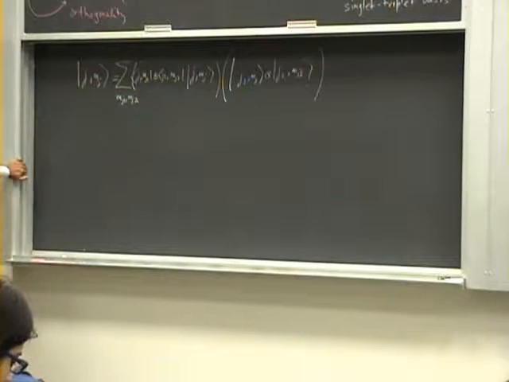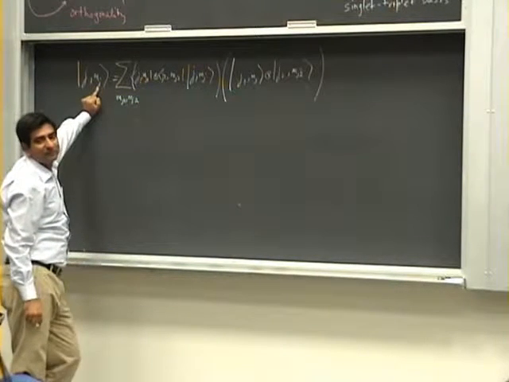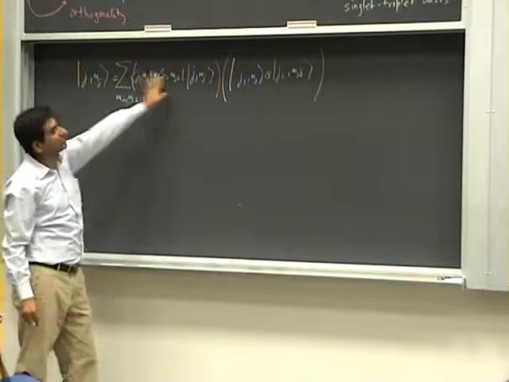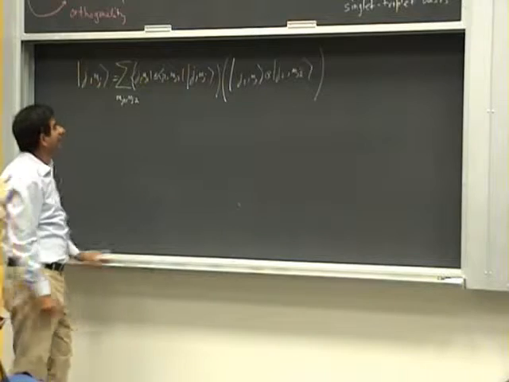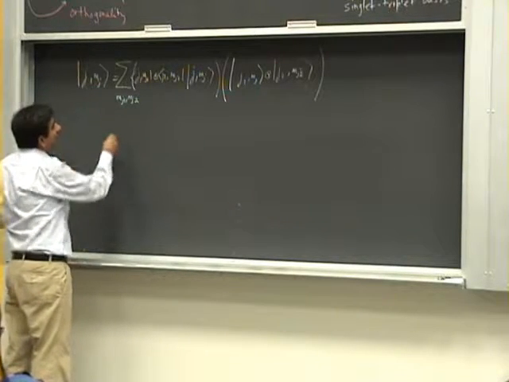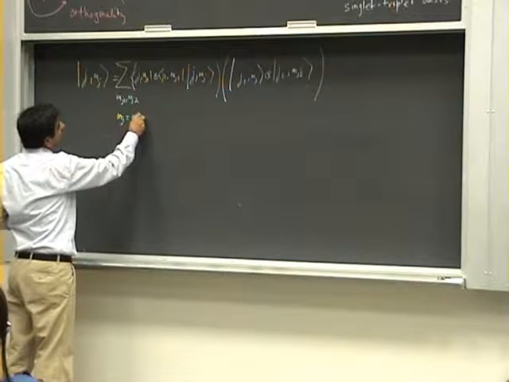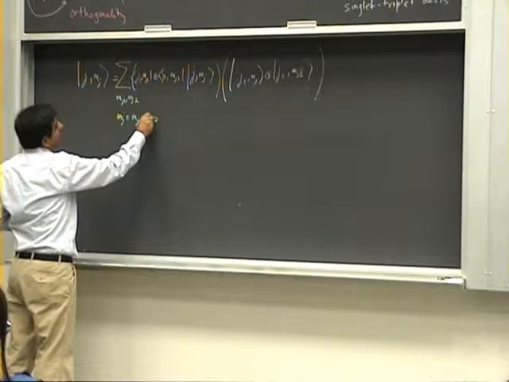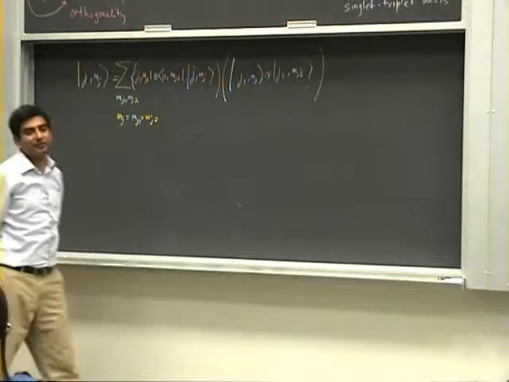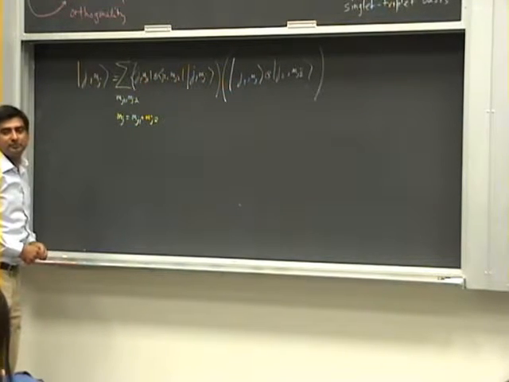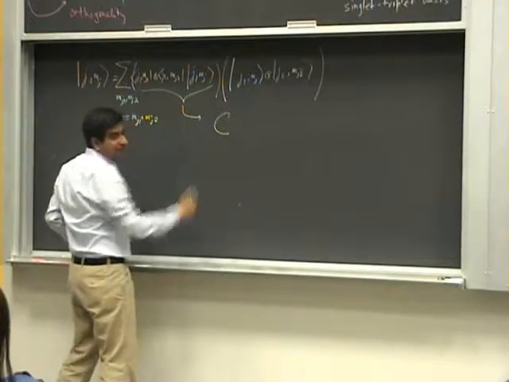However, since mJ must be the sum of mJ1 and mJ2, most of these terms will be 0. In other words, I effectively need to sum only over those terms for which mJ equals mJ1 plus mJ2, because for all other terms, these inner products are 0. And these terms, which are just scalars, are called the Clebsch-Gordan coefficients.